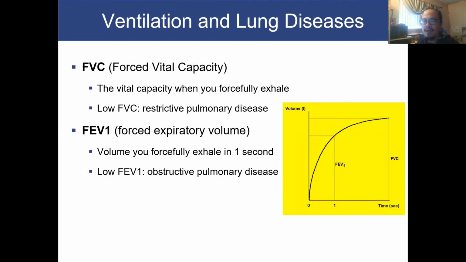Another thing that we can measure is the more dynamic. We can ask the person to forcefully breathe out. So we hold it and breathe out, right? By doing so, we have a trajectory. This is time when we hold it, breathe in all you can, and breathe out. That will provide several important measures.